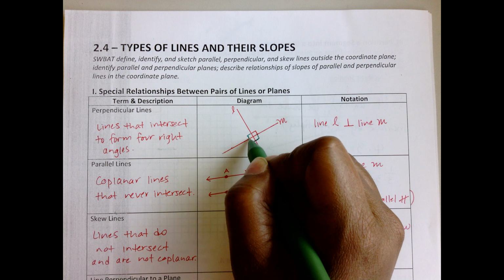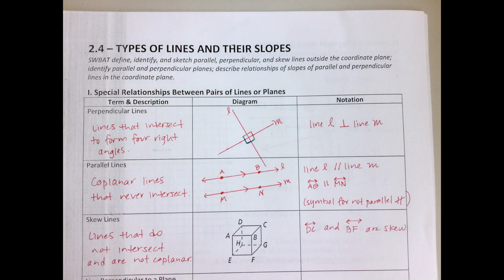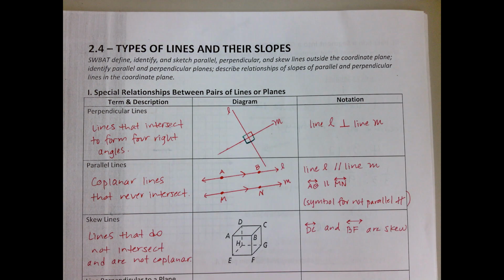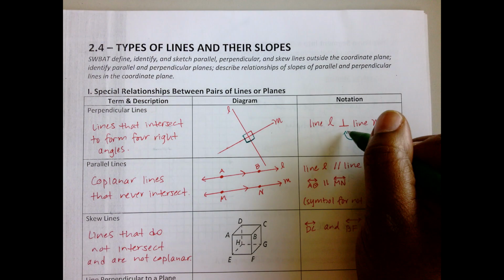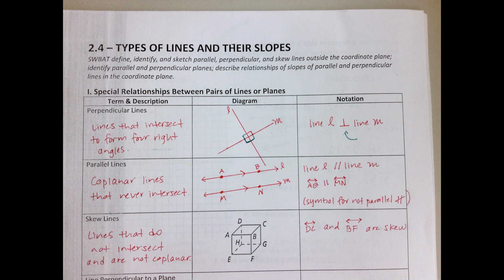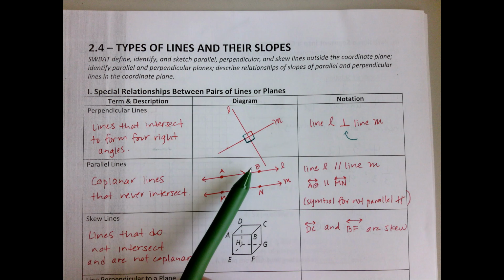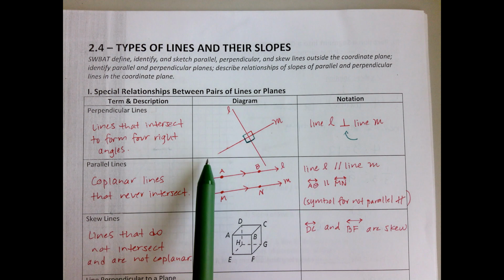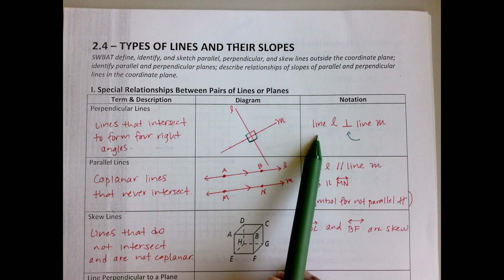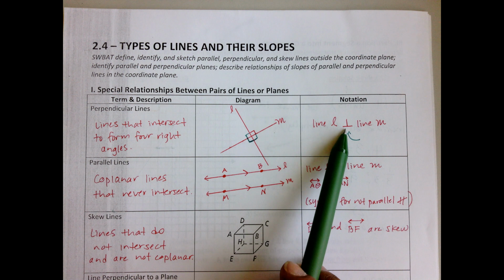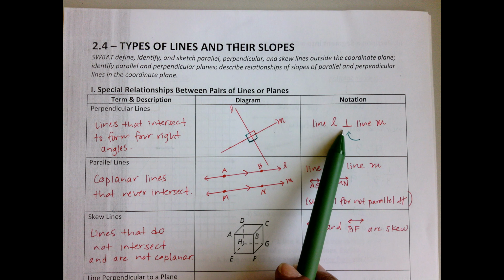Okay? So lines that intersect to form right angles. And so the symbol that we use is this upside down T. So what we're looking at is line L, which is perpendicular to line M. And that's what this is saying here. Line L is perpendicular to line M. Okay, and so whenever you see that symbol, that means there's some perpendicular lines.